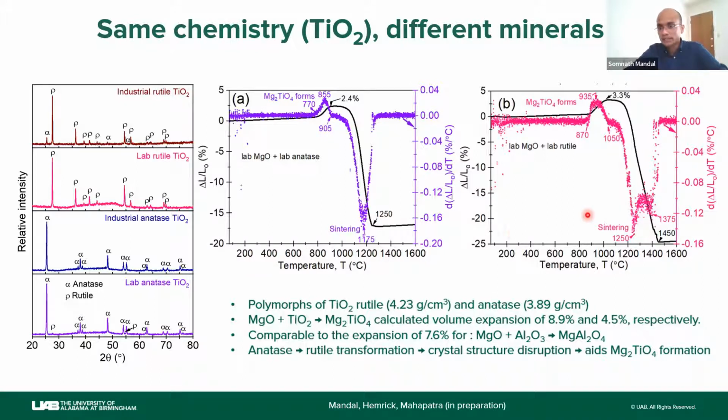So again, this is almost 150 degrees Celsius lower than this. So from this lab grade raw materials, you get the proof of concept that whenever you use anatase versus rutile as a TiO2 source for making magnesium titanate, anatase reacts earlier, expands less, and sinters faster.